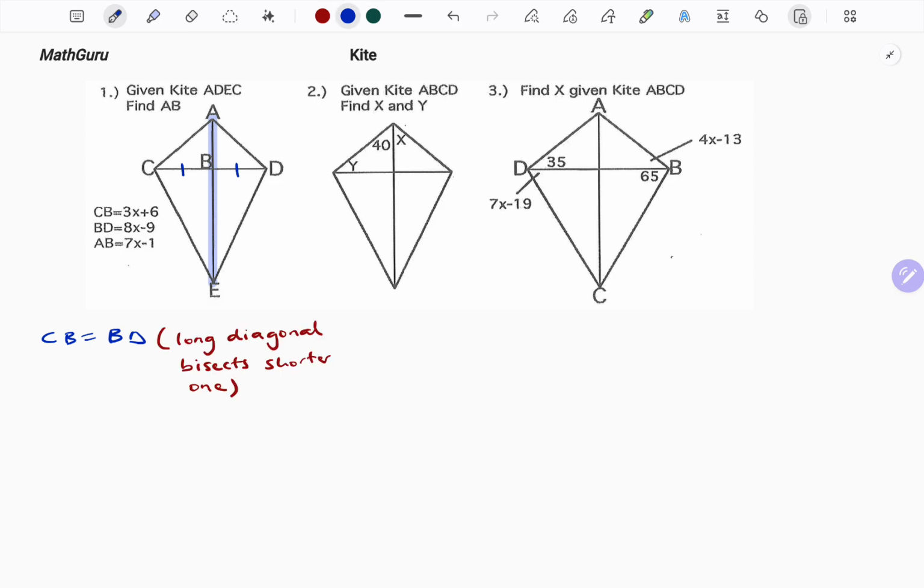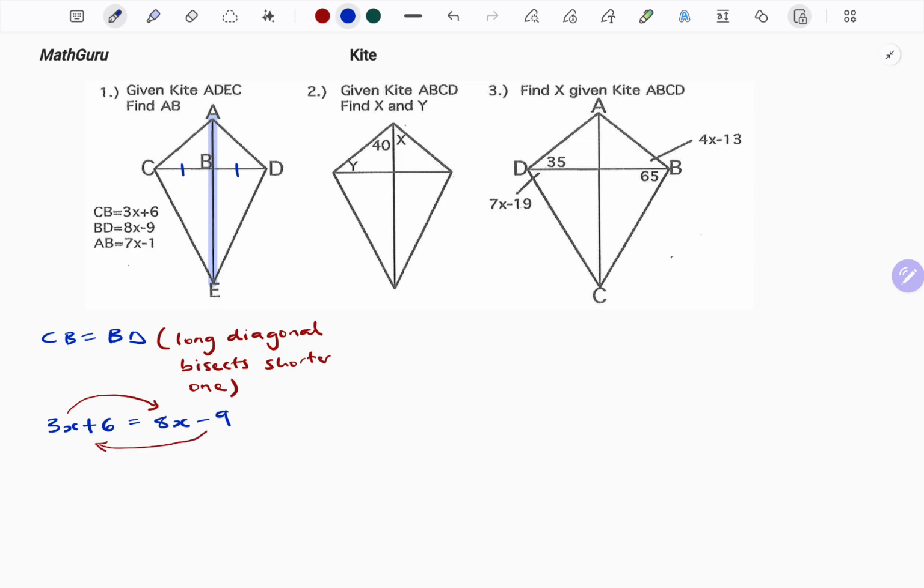So therefore, CB has been given to us as 3x plus 6 equals BD, 8x minus 9. Moving all the like terms together, I'm going to move my 3x to the right-hand side, and I'm going to move my negative 9 to the left.